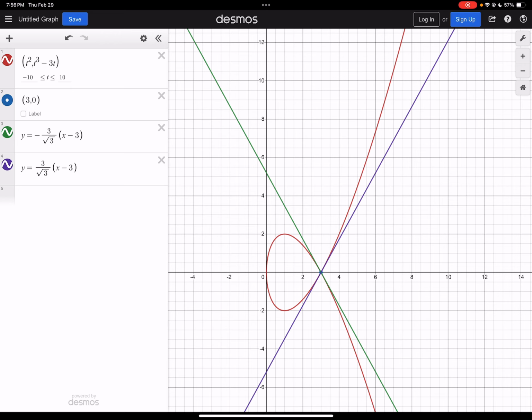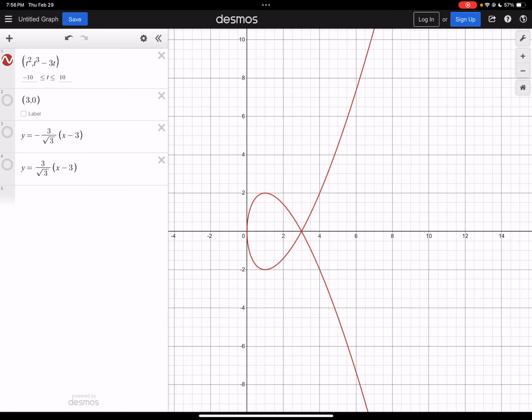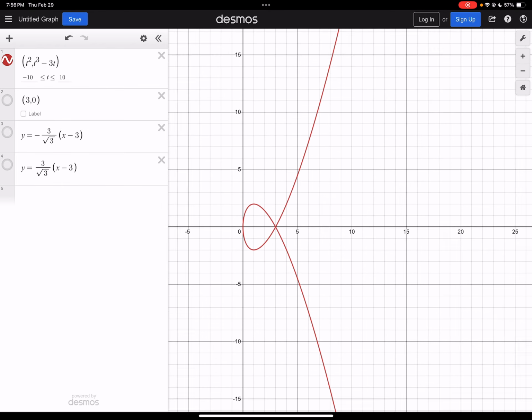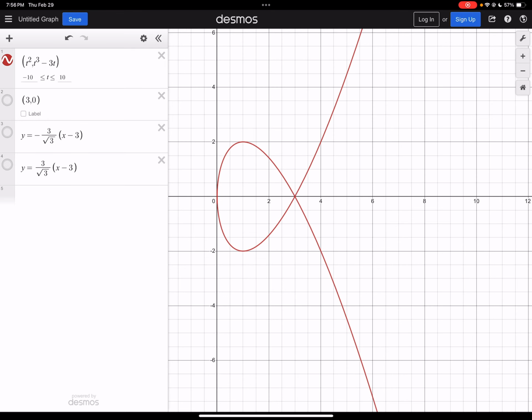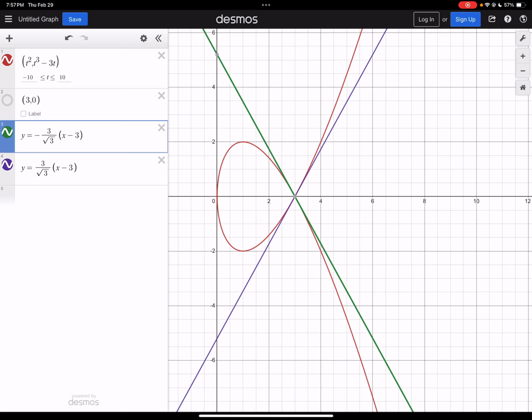So notice how here, my parametric equation, my graph, my curve looks like this. And notice how, like number 1a said, we have 2 tangent lines: the negative tangent line right there, and then the positive tangent line right here at 3, 0. So that was 1A. 1B told me find the point on C where the tangent line is horizontal or vertical.